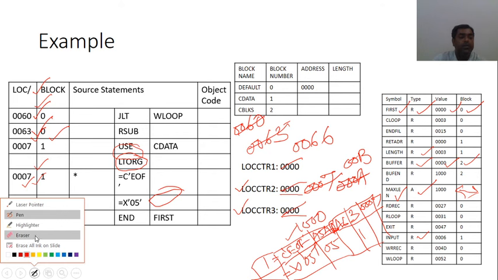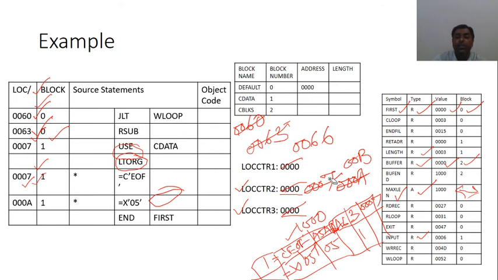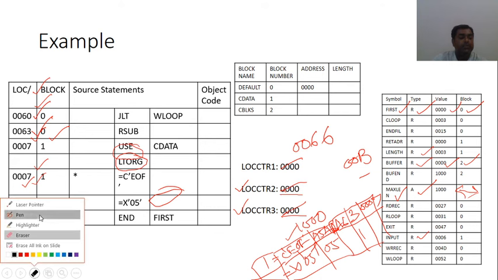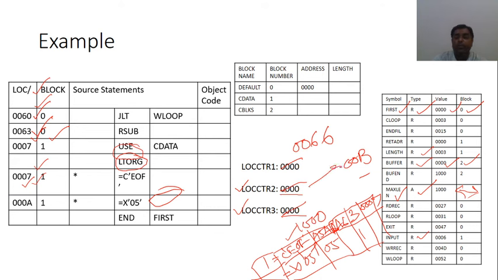Now our task is to find out the starting address of each block. The starting address of each block. This is corresponding to location counter 2, location counter 1, and this one is location counter 3.